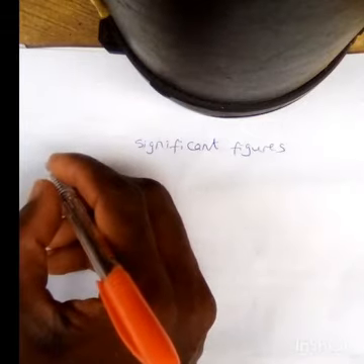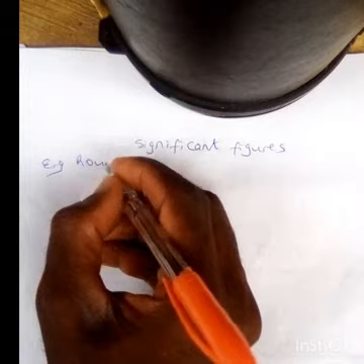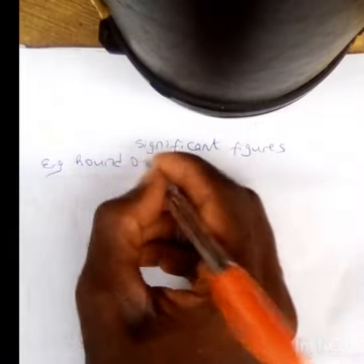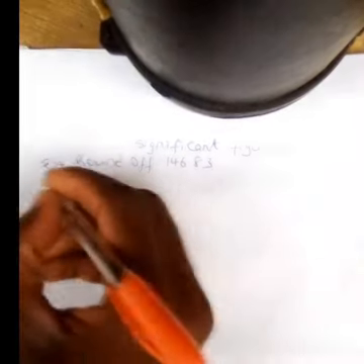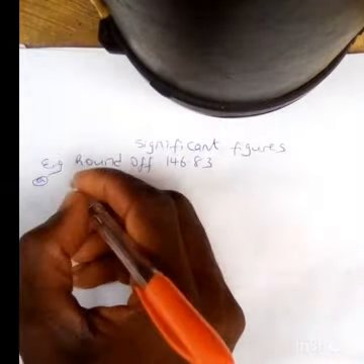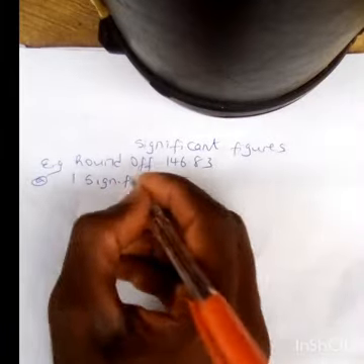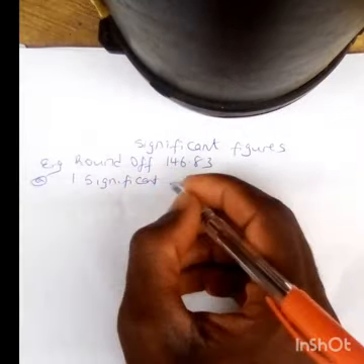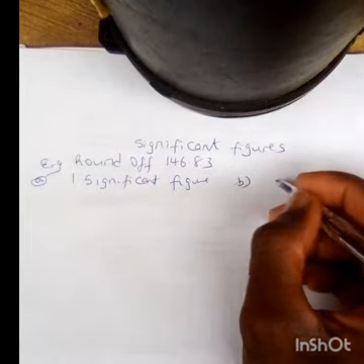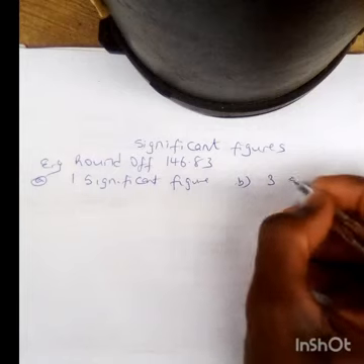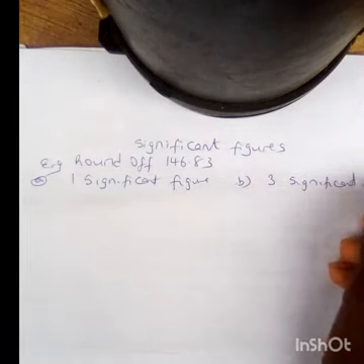We'll be rounding off 146.83 first to one significant figure, and let's try something different, to three significant figures.